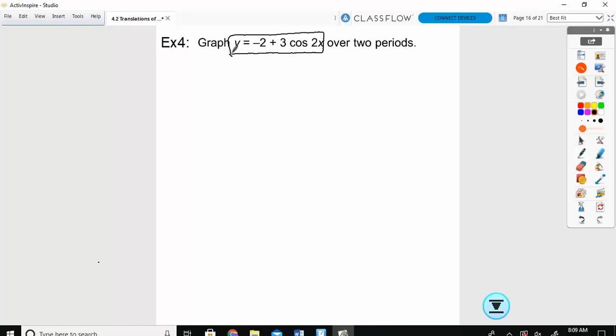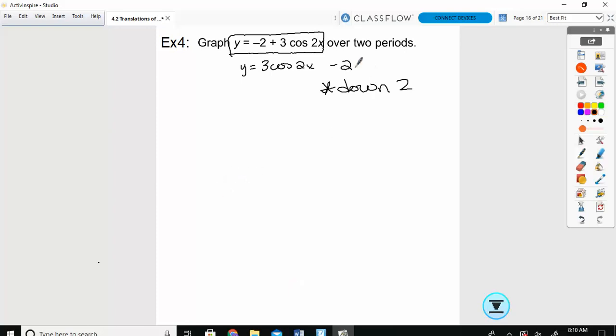All right, what would that -2 do to our graph? If it's multiplied, it flips it. Another way you could write this is 3 cosine of 2x with a -2 on the end. So down 2 for my graph.